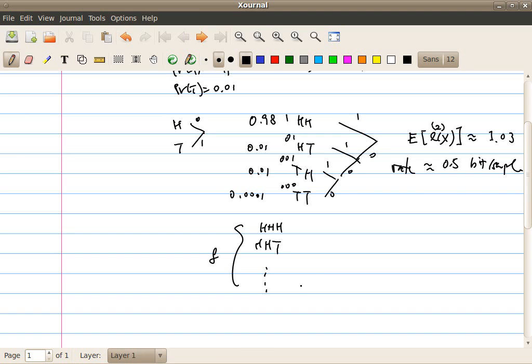Another problem is that we need to build this table beforehand. So it's kind of like we know the statistics beforehand. That is kind of okay. But if the statistics of your source are changing, then it's pretty hard to go back and modify this table.